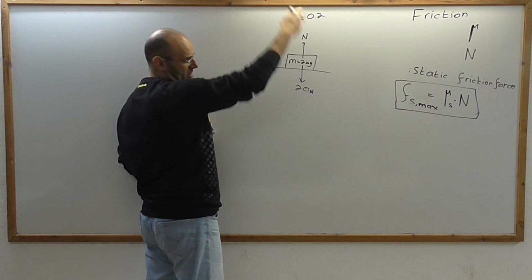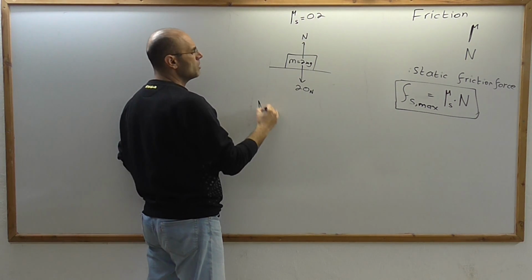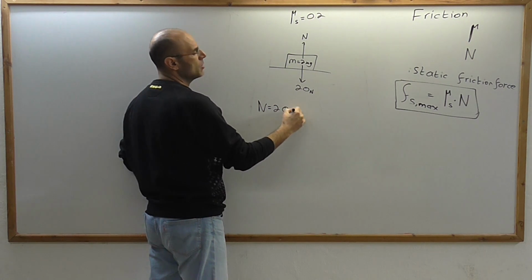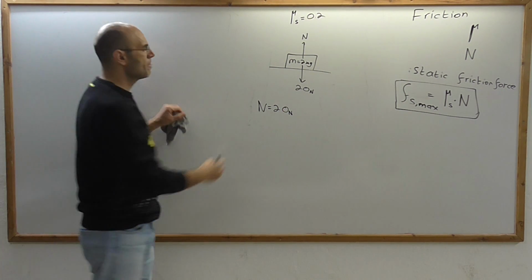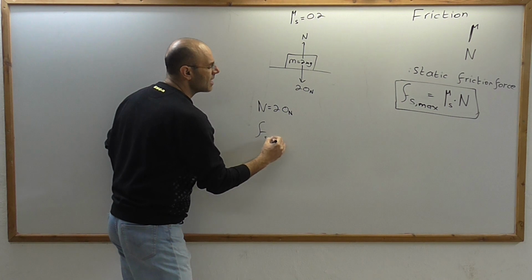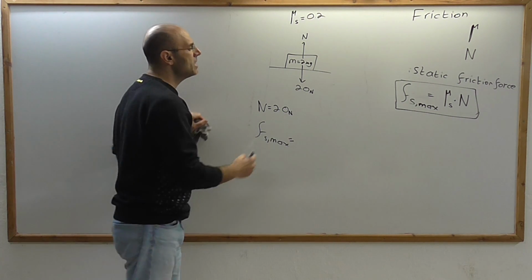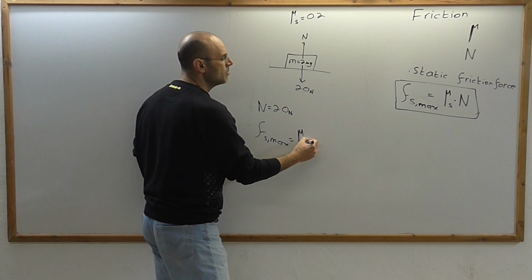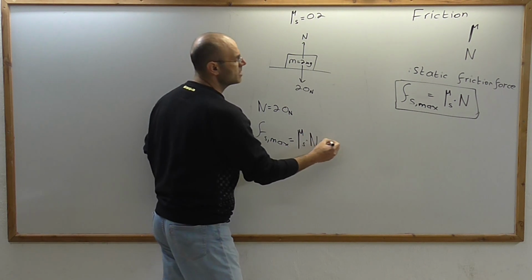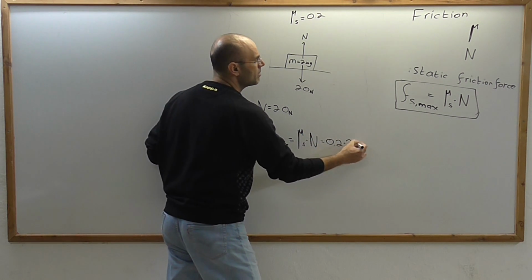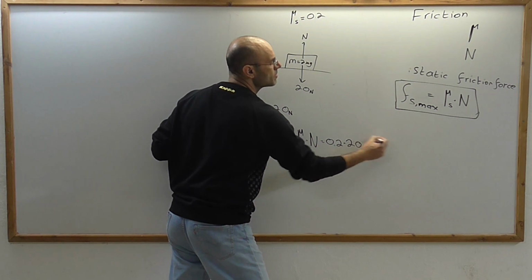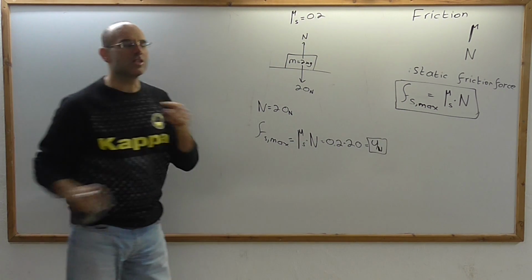Because it doesn't go up nor down, the normal force will obviously be 20 newtons. The Fs max will be mu static multiplied by N, which means 0.2 multiplied by 20, it's 4 newtons.